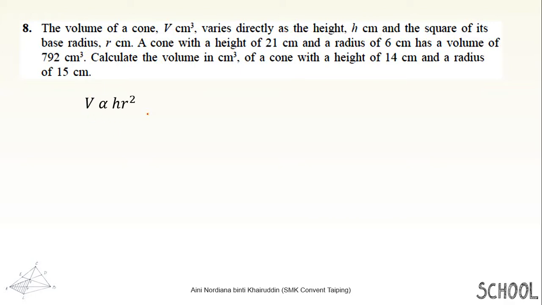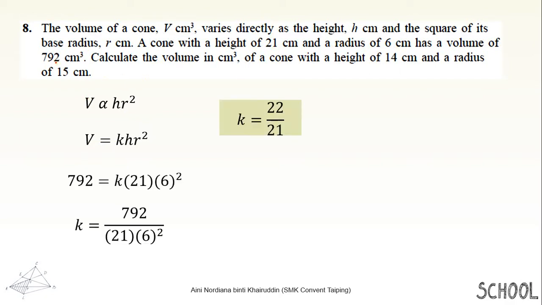Then you write in the equation form, substitute the value of the given H, R and volume V. So substitute the value and then you will get the value of K. Then substitute this value of K back into this formula. Next, calculate the volume.